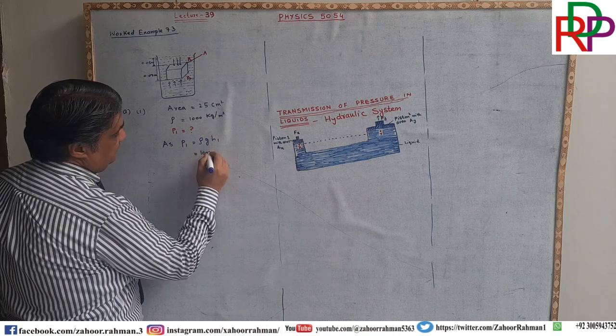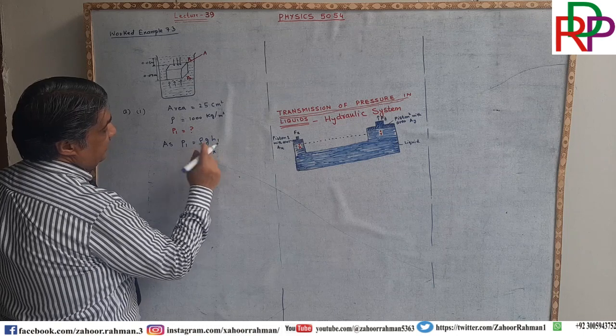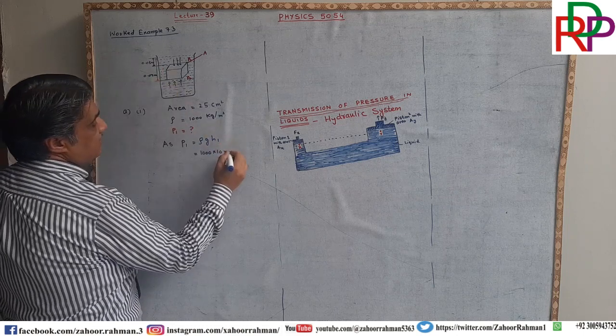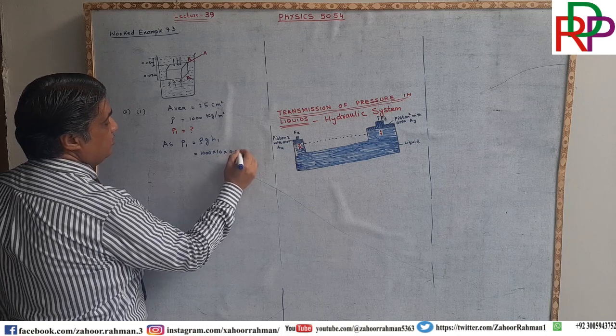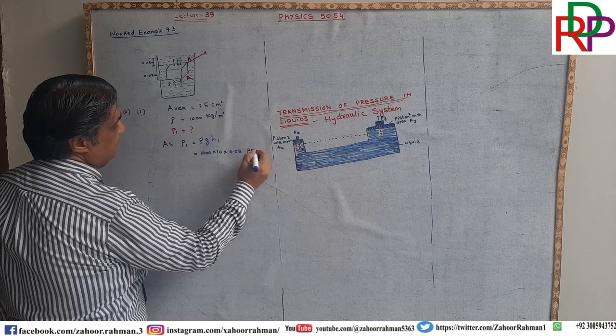Instead of rho we are writing 1000, and g is 10 N. h1 is 0.05 and pressure is in Pascal.